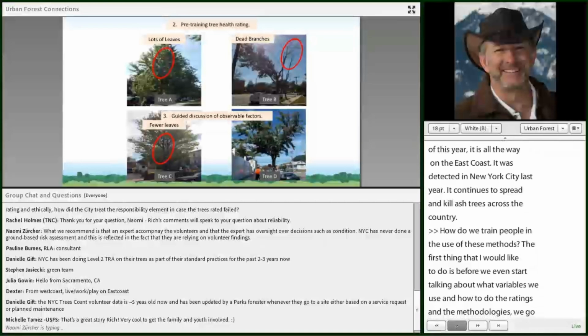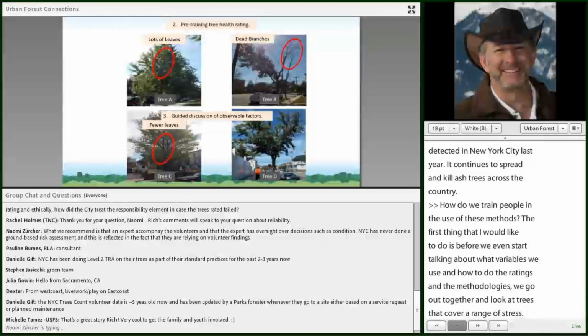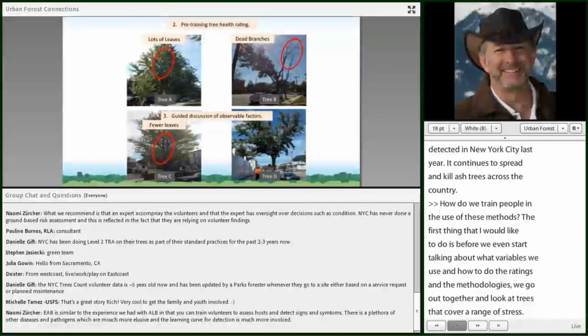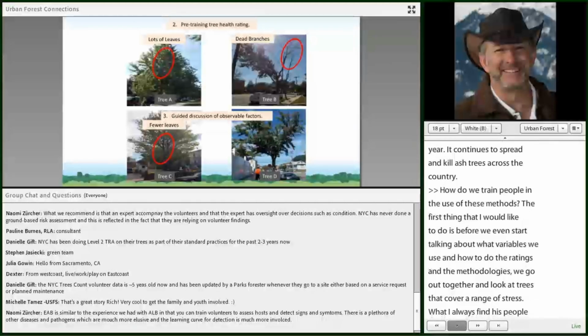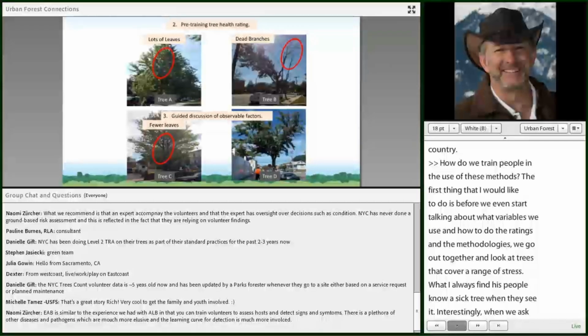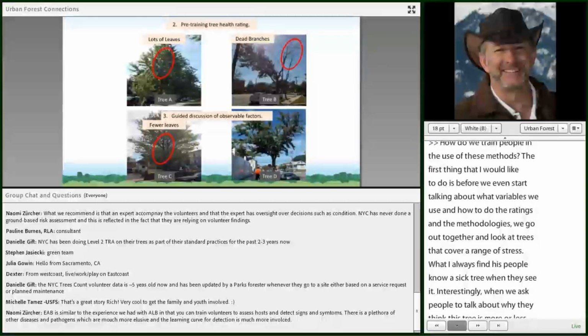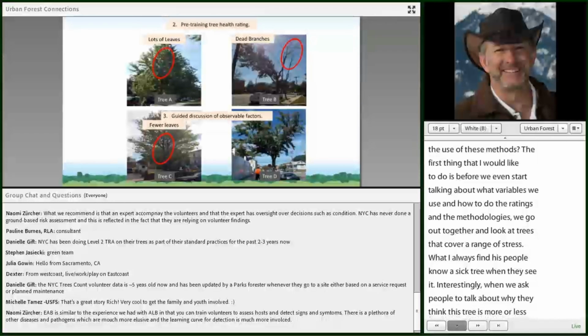And what I always find is that people know a sick tree when they see it. And interestingly, when we ask people to talk about why they think this tree is more or less healthy than this other tree, they're typically talking about some of the same variables that I introduced earlier in this presentation.